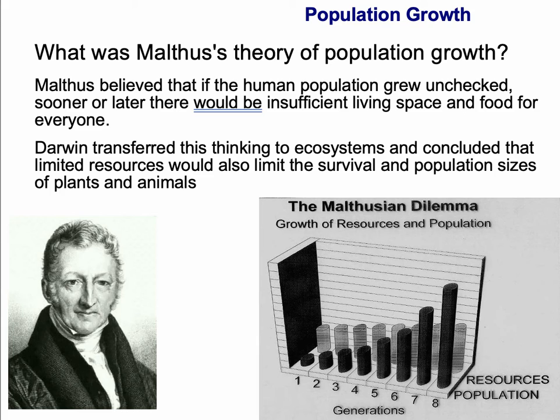And so Darwin thought a similar thing must be happening over the long term with living things, that resources were limited, and that would be what creates some of the competition in the survival of the fittest in natural selection.